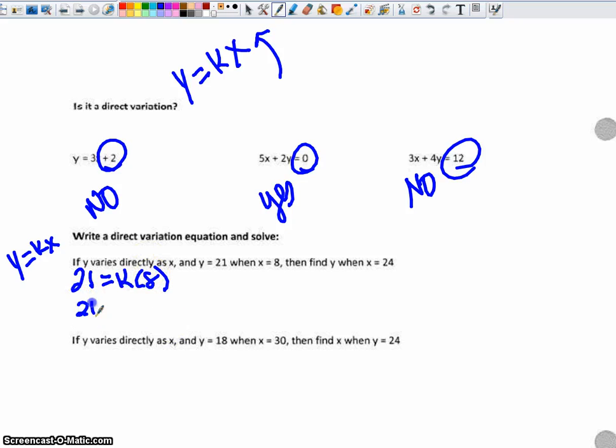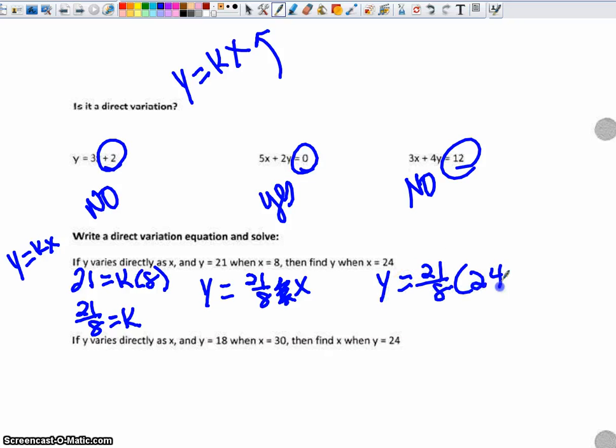Divide, so 21 over 8 is equal to k, and my equation is y is equal to 21 over 8 x. Then put 24 into this new equation. That shouldn't be a k, that should be an x. Put 24 into the new equation for x. Y is equal to 21 over 8 times 24. 21 divided by 8 times 24 in your calculator, y is equal to 63.